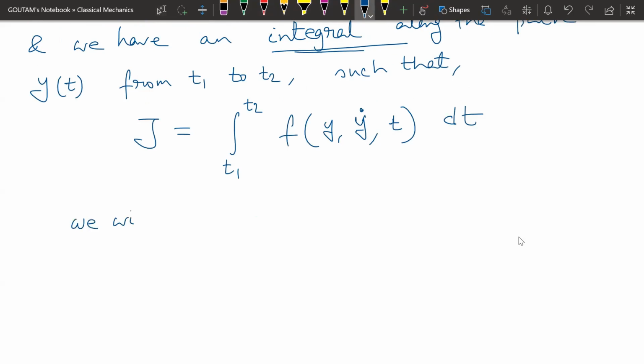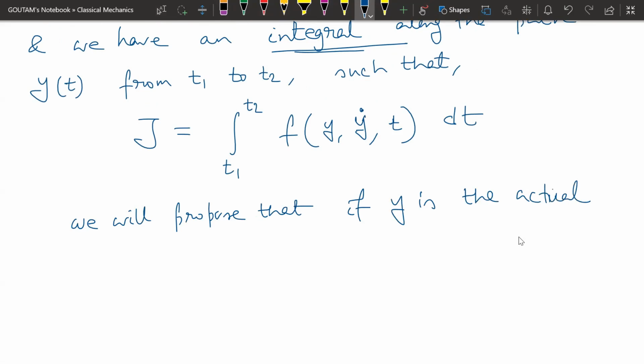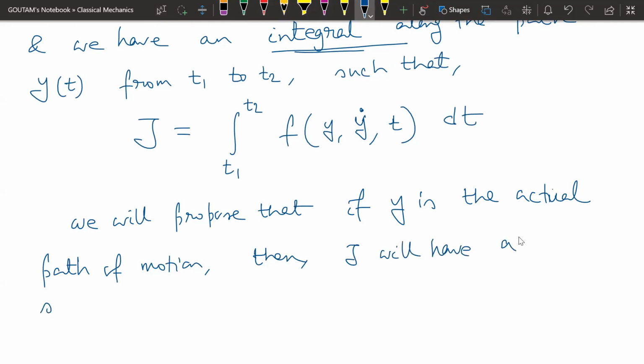So we will propose that for the actual path, if y is the actual path of motion, then J will have a stationary value.